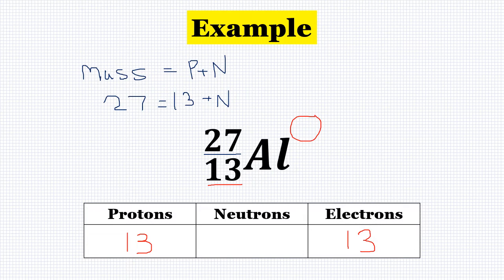So to find the neutrons, we're just going to do a little math here. So let's subtract 13 from both sides. So 27 minus 13 is 14. So the number of neutrons is 14. Let's do another one.